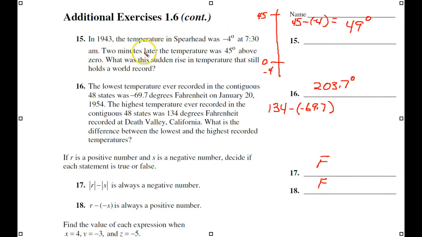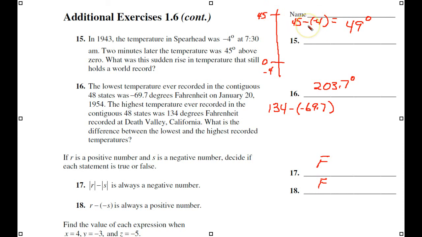Now, as we go on to 15, they're talking about a temperature change. At a certain time, it was 4 below 0. Then within 2 minutes, it rose to 45 degrees. What's the difference? So we have 45 minus a negative 4.